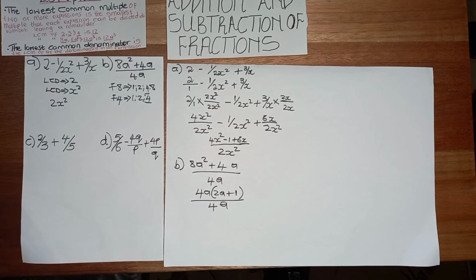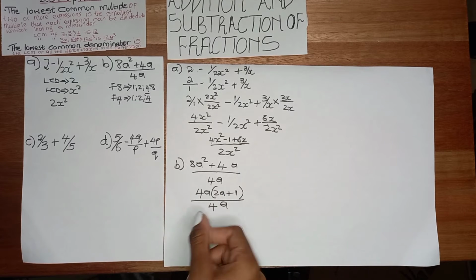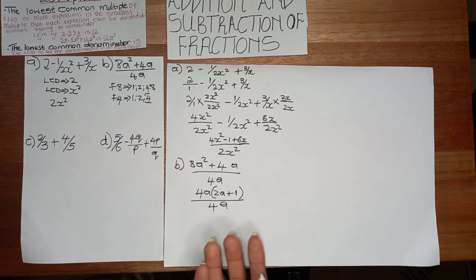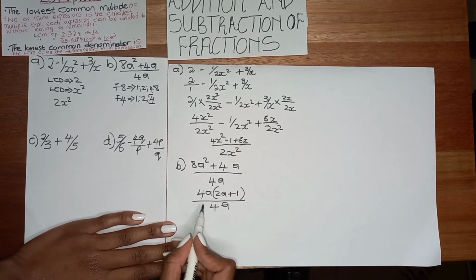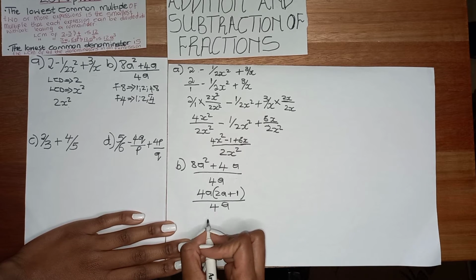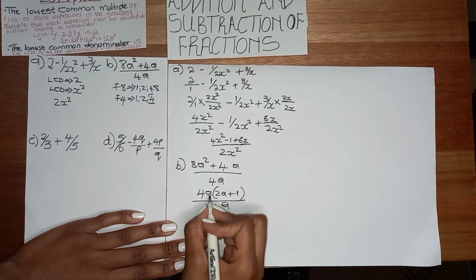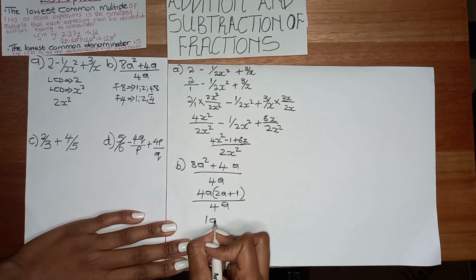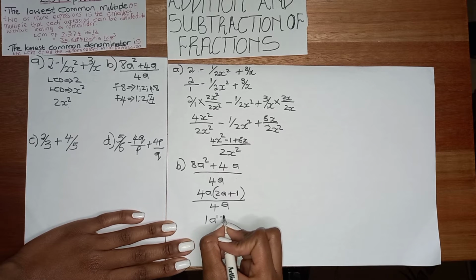So now you can divide, because this is over a multiplication rather. You can say 4 divided by 4 gives you 1, and then a divided by a gives a.